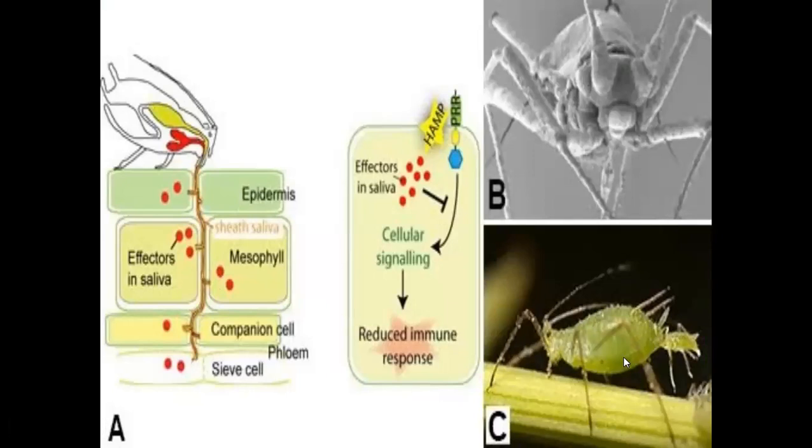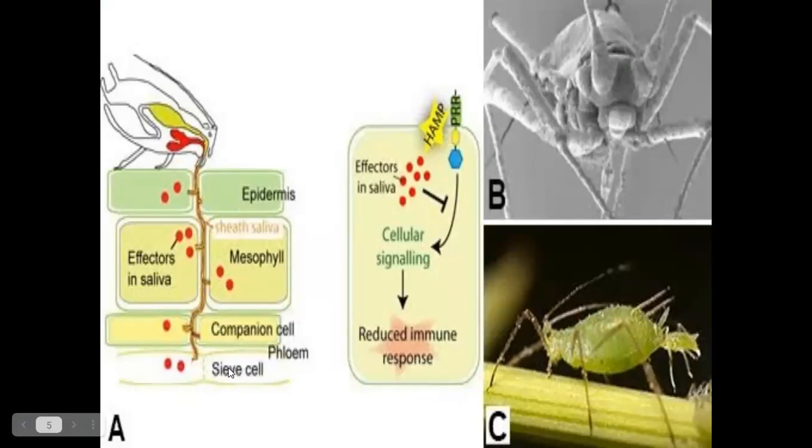See, these are the aphid insects. Aphid insects have long stylets. The long stylets are injected into the plant tissue up to the sieve cells. The sieve cells are present in the phloem.